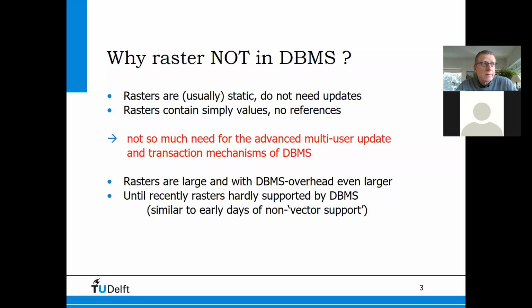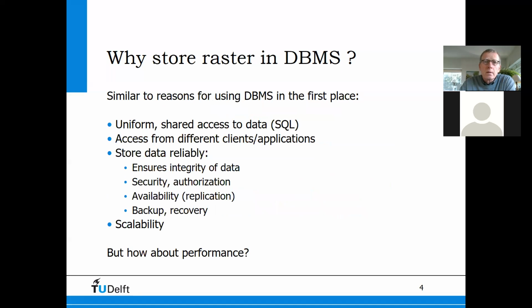So it's a bit like in the early days of vector data. The support was limited, not standardized, and the same is true now for raster data. There is some support, it's limited, it is not yet standardized well. But despite this, there are very good reasons to store raster data in the database, and you already indicated a number of them in the first poll.